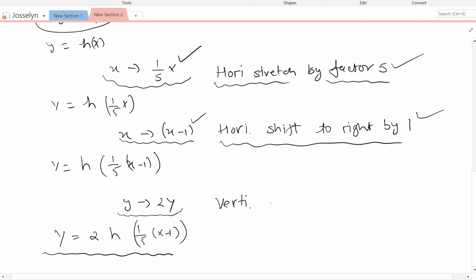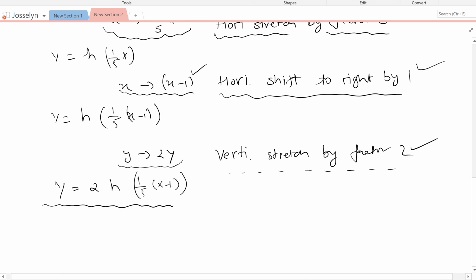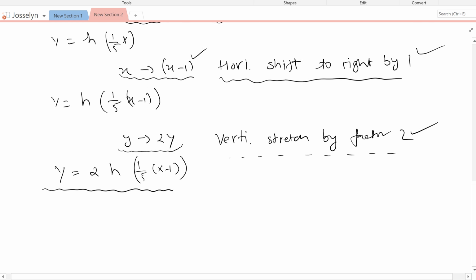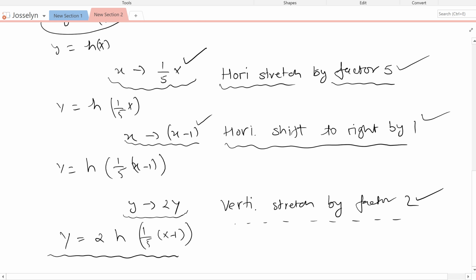So it's a vertical stretch by factor 2. That's the extra thing. Now let's talk about all those things.